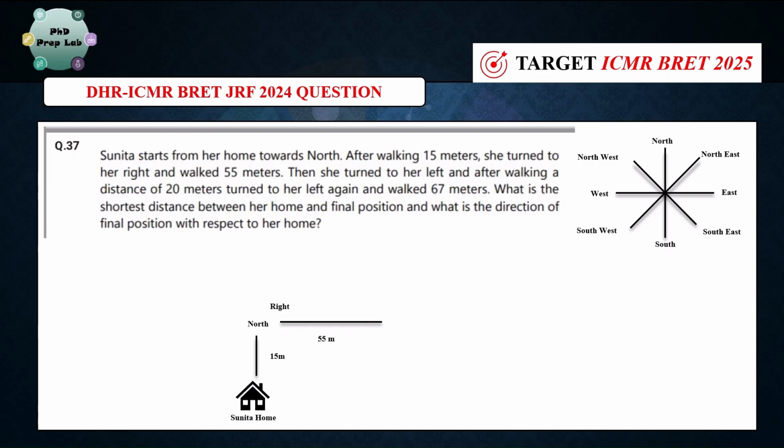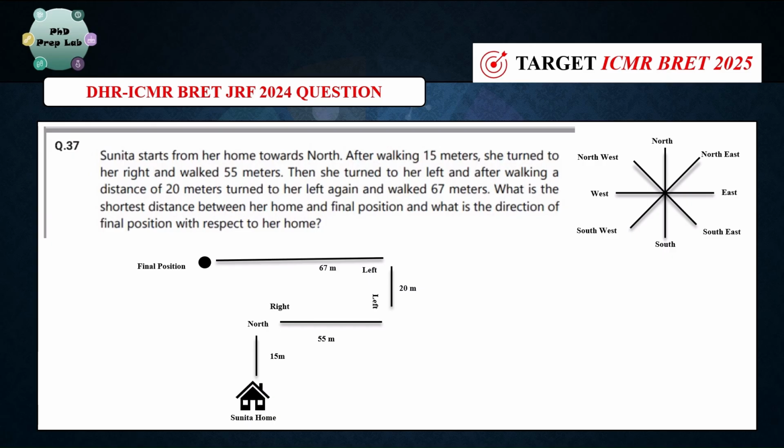When we make this diagram according to the question, we have to join the final position to its home. If you notice, it will make a triangle where the perpendicular will be 15 and 20 from the direction that you see on the corner right hand side. You add 15 and 20, it becomes 35, and for the base, when you subtract 55 from 65, the base remains 12.